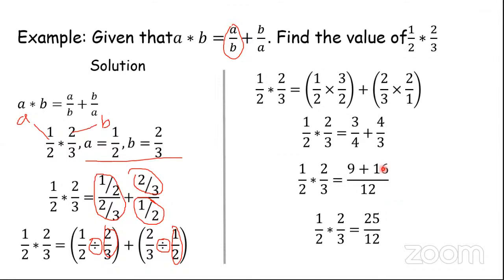And then we say 9 plus 16, which gives us 25. So I have that a half star 2 over 3 would give us 25 divided by 12.